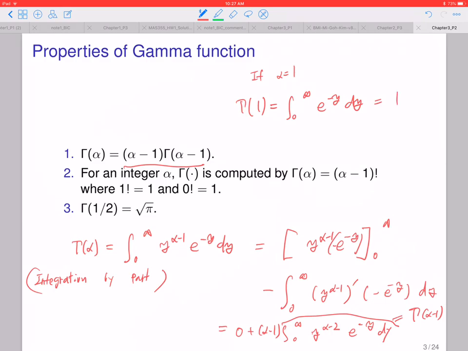So you can immediately see that for integer alpha, this is a factorial. Gamma(n) is (n minus 1) times gamma(n minus 1), which is (n minus 1)(n minus 2) gamma(n minus 2), and if you keep doing this, you get down to 2 times gamma(1), which is 1. So basically it is a factorial.